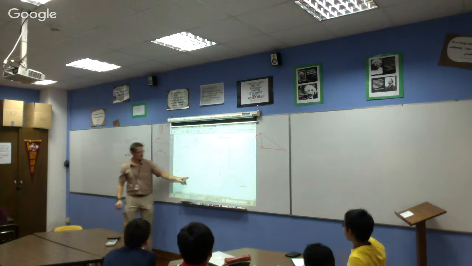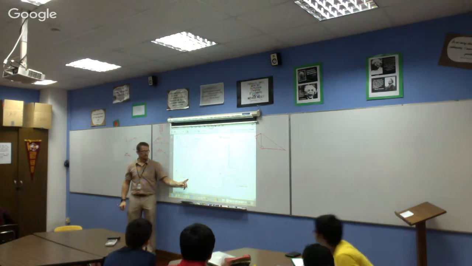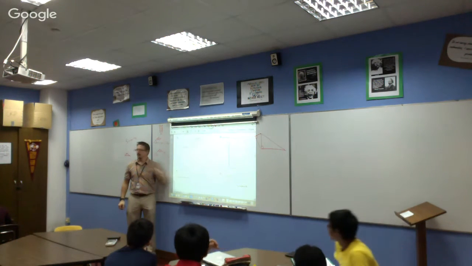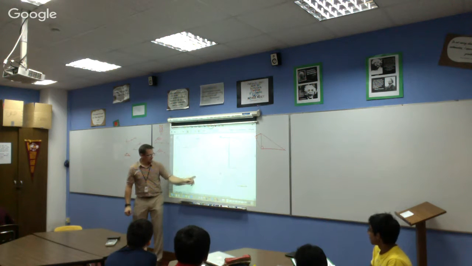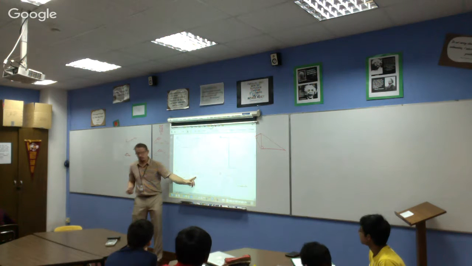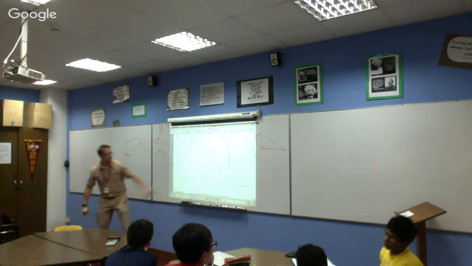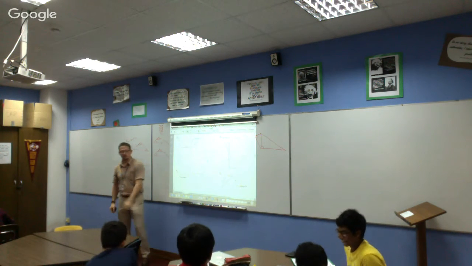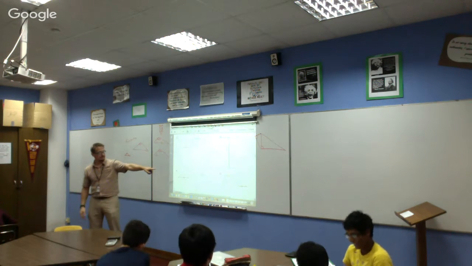The angles are not corresponding. But wait a minute, they're congruent. They're not included. Even though this one is included, this one's not included, and they are both congruent. They must be congruent and in the same position. They're not in the same position, so therefore not congruent. All right. How about number 8?